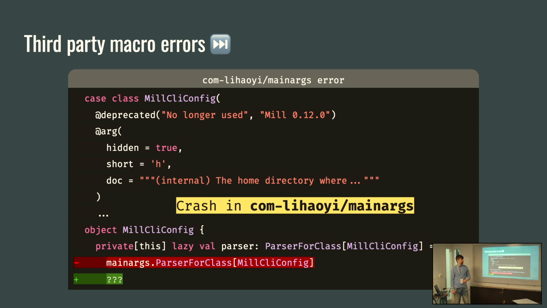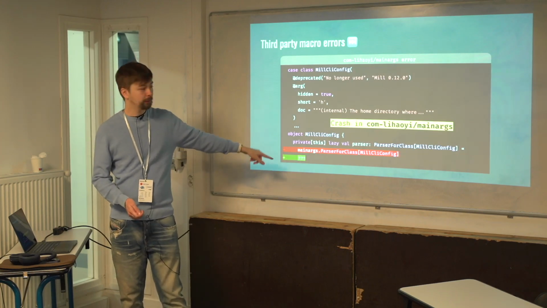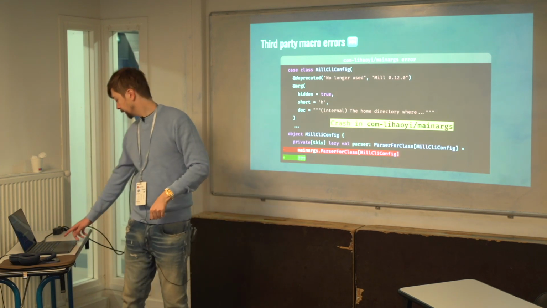Then we have third-party macros that didn't work. There's this macro in the MainArgs library. MainArgs is a library to parse command line arguments and convert them to, for example, a case class. And yeah, there were some errors in that. So I replaced the call to the macro with the triple question mark.